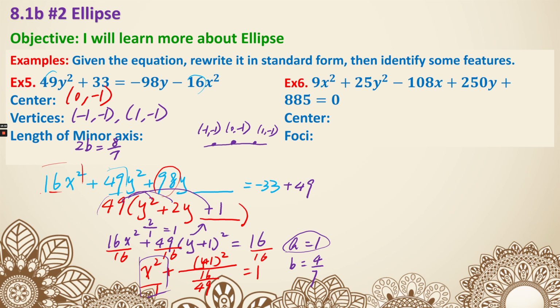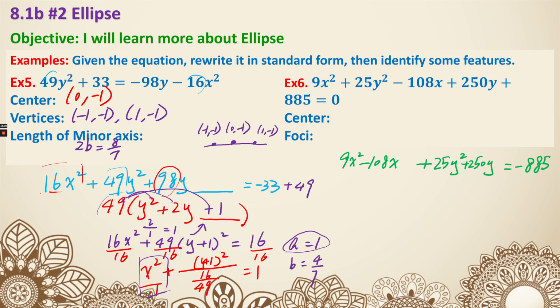Next, example 6 is something very similar. So let's go ahead, try to figure it out. First, let's put all the x together. 9x squared minus 108x. And then we have 25y squared plus 250y. On the right side, we have negative 885.